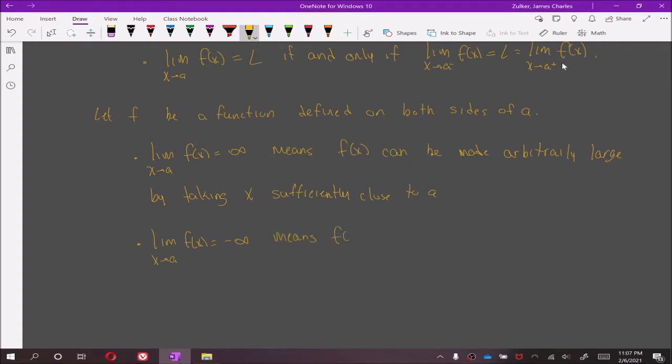This means f of x can be made arbitrarily large negative by taking x sufficiently close to A. And we can form similar definitions if we're talking about one-sided limits.